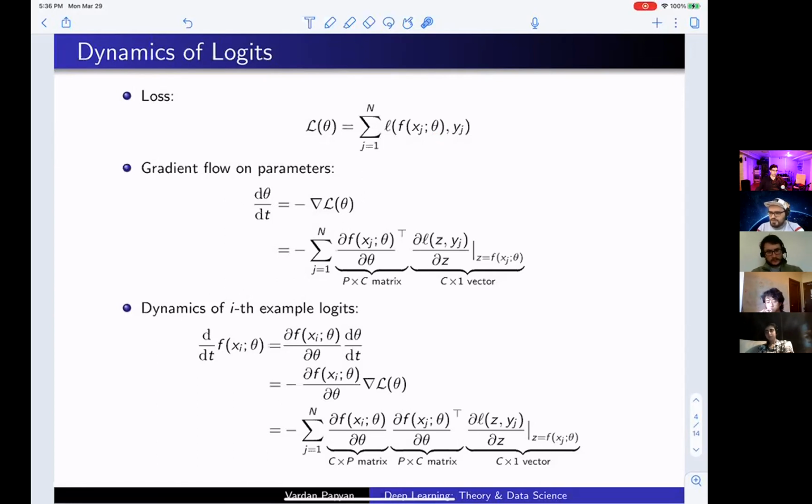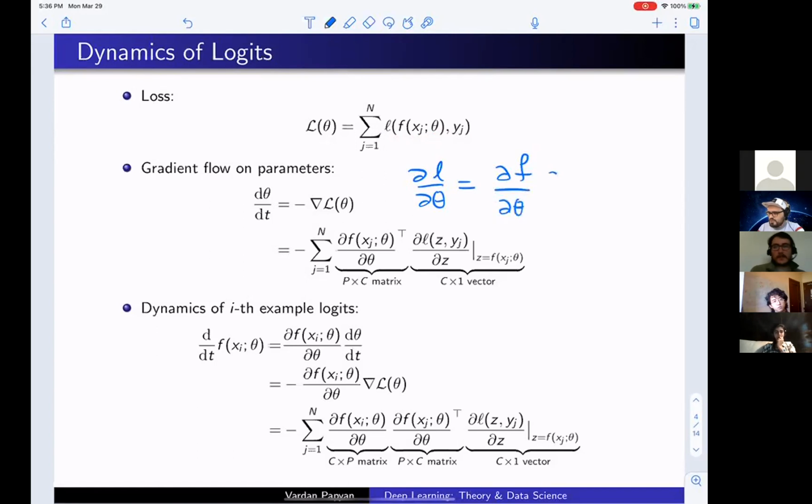Now notice that using chain rule, the derivative of the loss with respect to the parameters, dL/dtheta, which is equal to the gradient, is equal to the derivative of the logits with respect to the parameters times the derivative of the loss with respect to f.